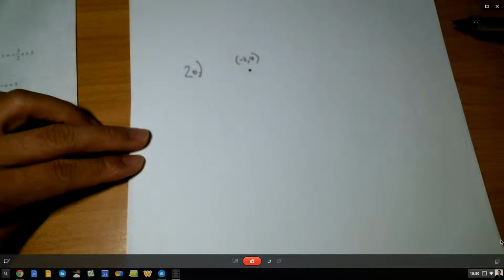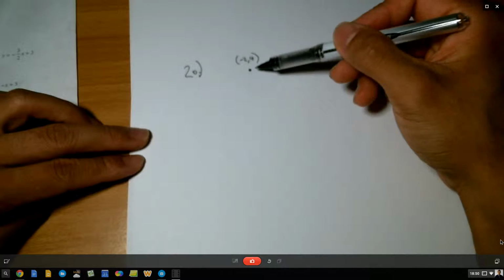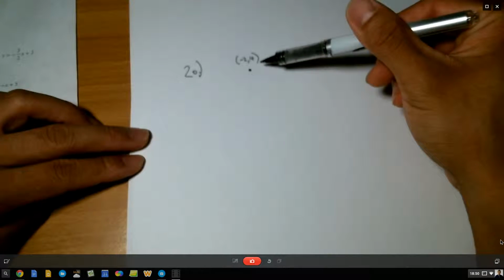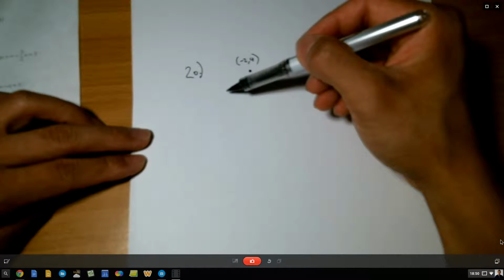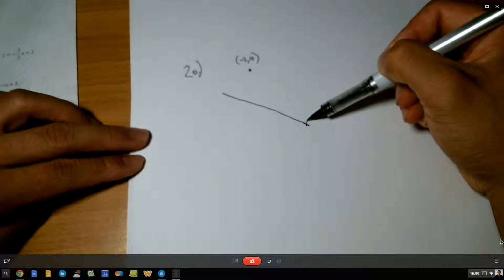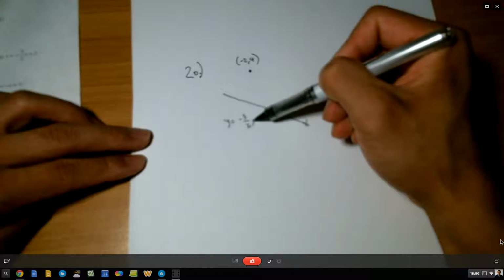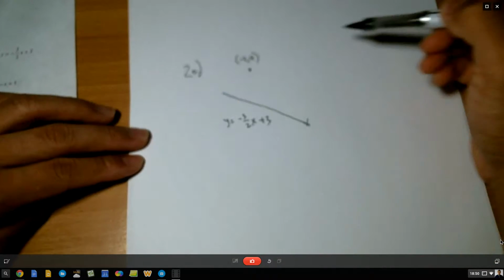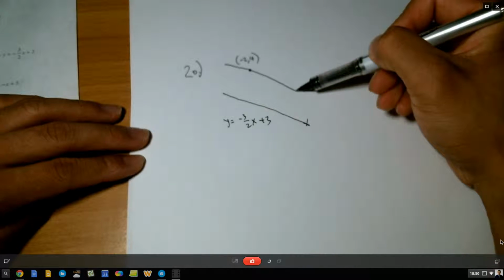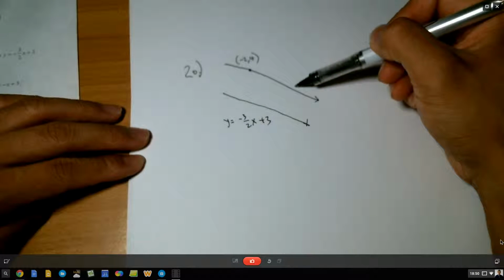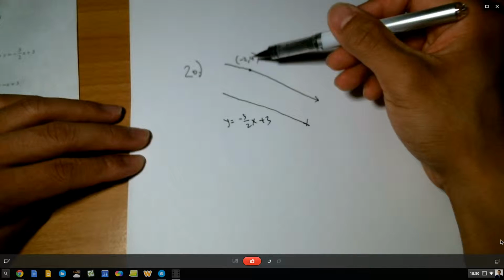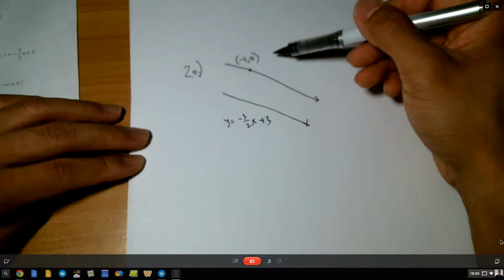That's the coordinate of it. And we want to find an equation of a line that goes through this point such that it's parallel to another line with an equation of y equals -3/2 x plus 3. So we want to find this line here that's parallel to this other line that goes through this point -2, 4.